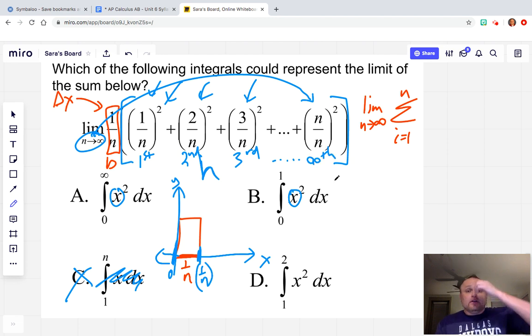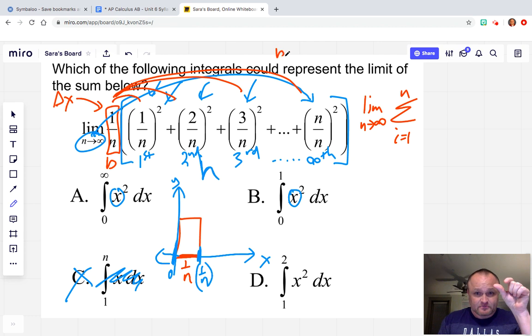And I know when we did Riemann sums, we GCF'd out the same base. That was the same equidistance. If you were to not foil, but distribute this out, it would be like having a bunch of base times heights: the first base times height, plus the second base times height, plus the third base times height, and so on.